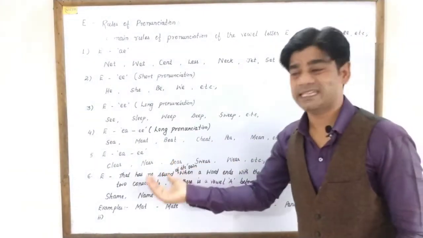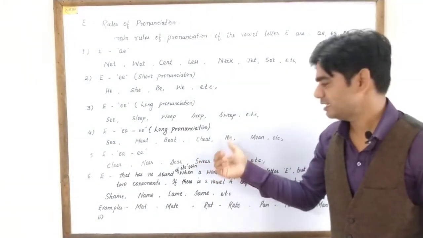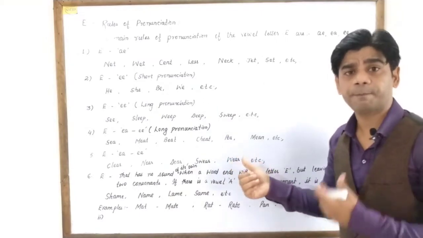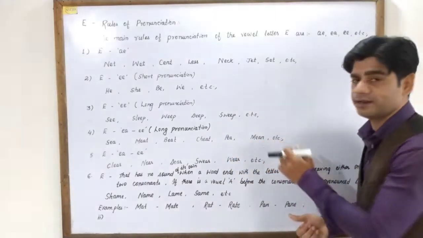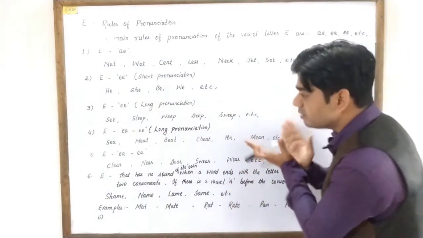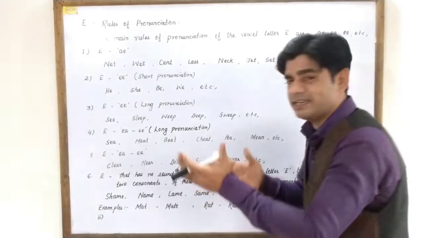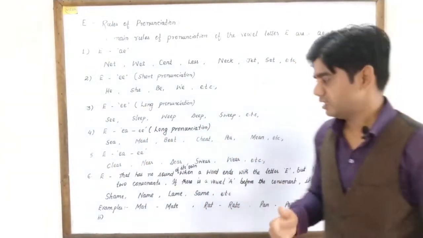B-E-A-T, beat. C-H-E-A-T, cheat. P-E-A, pea. M-E-A-N, mean. So these are the words that contain letter E and the next letter is A, and it is pronounced with the E sound in a long pronunciation.